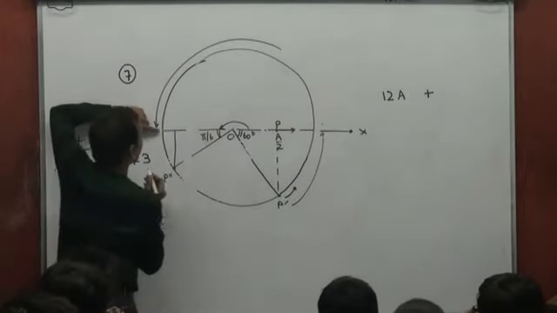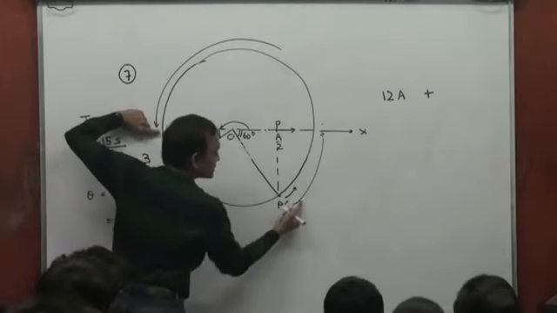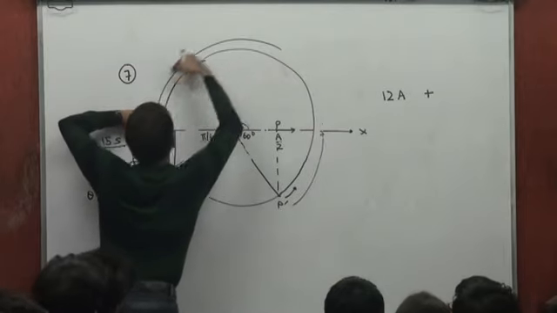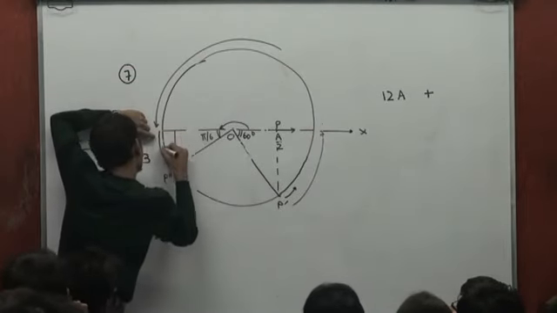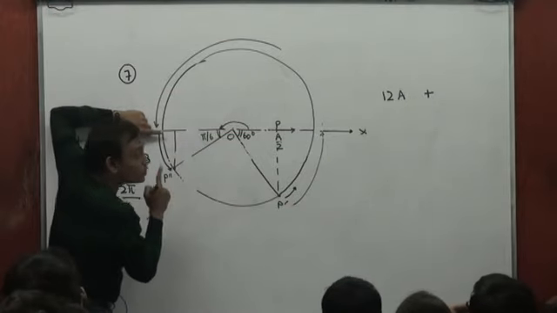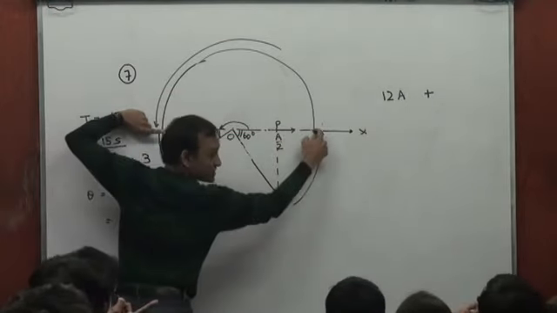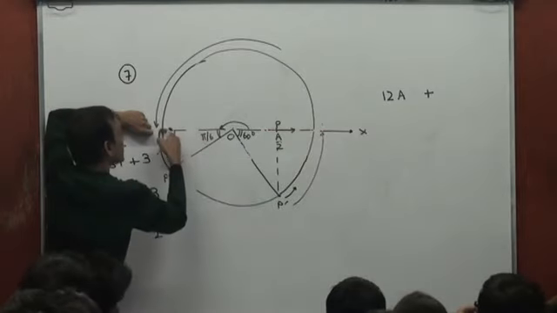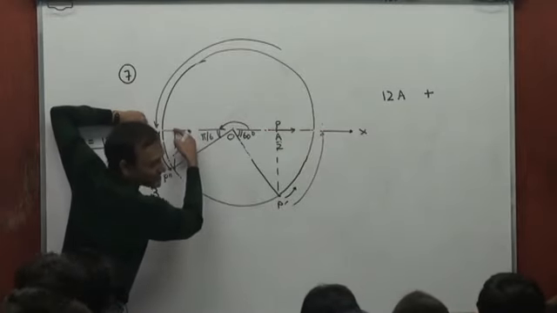Which means now the auxiliary particle has done this, and has done this. What about the oscillator? The oscillator has done this, and has done this. This is what the oscillator has done, right?